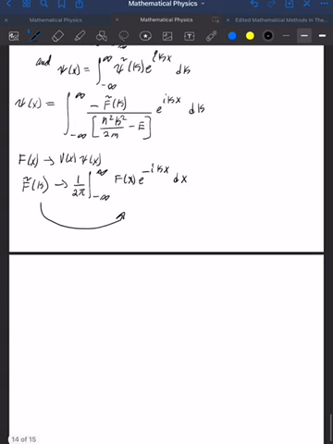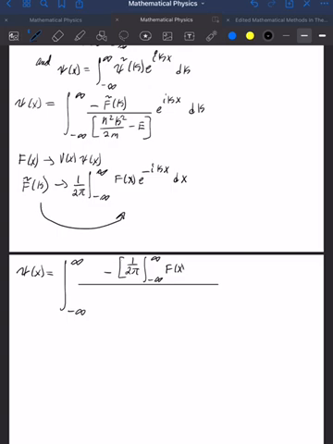So we have an expression for psi of x now. Psi of x is equal to the integral from minus infinity to infinity of minus, and this is going to get just a little bit messy, so minus 1 over 2 pi times the integral from minus infinity to infinity of big F of x times e to the minus i kx dx.